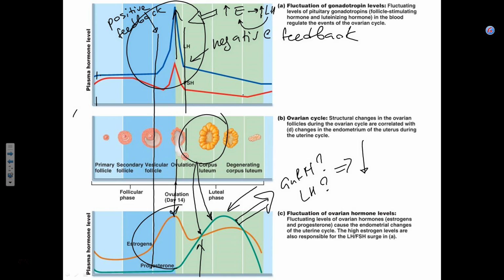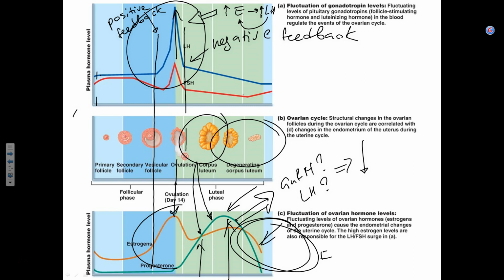Now you see here, about here, when corpus luteum degenerates and becomes corpus albicans, what happens to the levels of estrogen and progesterone? Decrease. As they decrease, what happens to the levels of gonadotropin releasing hormone and luteinizing hormone?